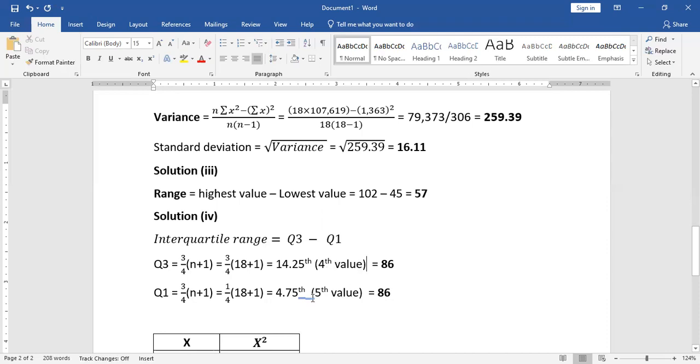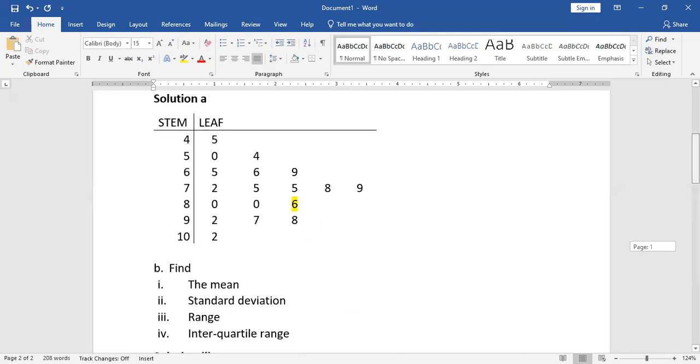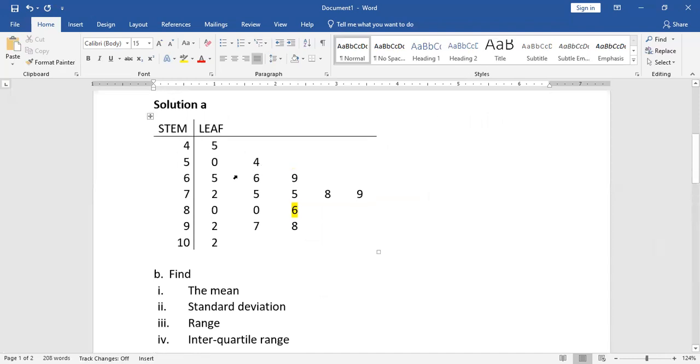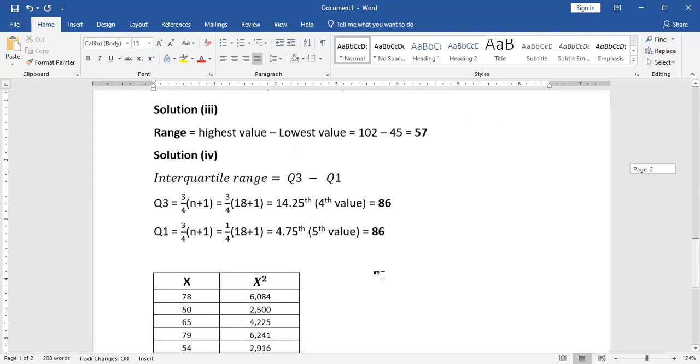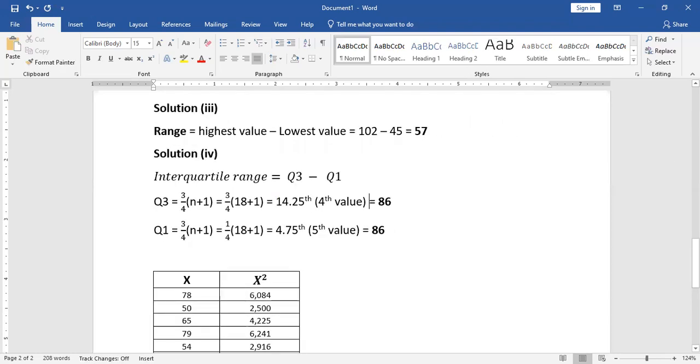So I'm going to check what the fifth value is. Of course, I know it's not 86. The fifth value is 1, 2, 3, 4, 5, 66. 66 is our Q1.